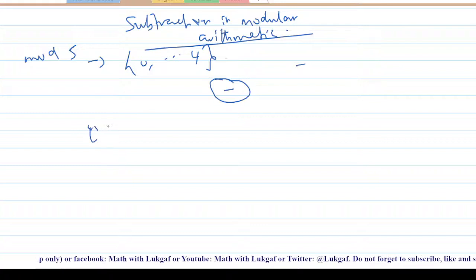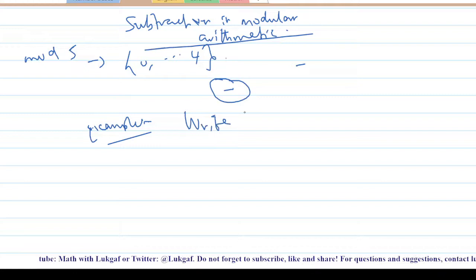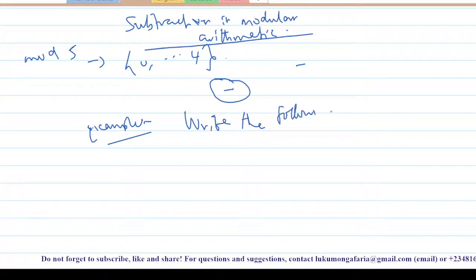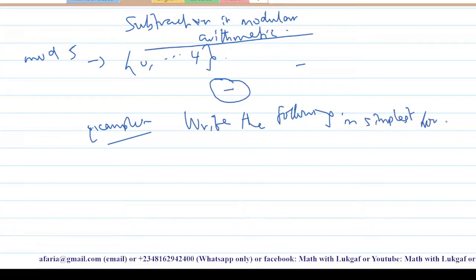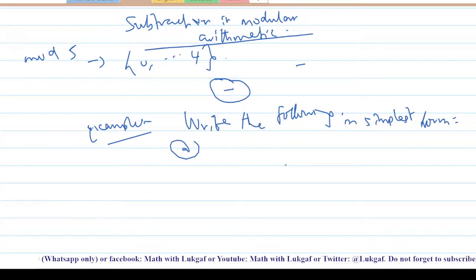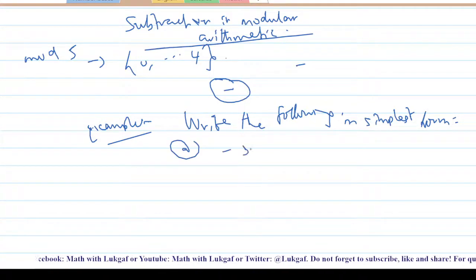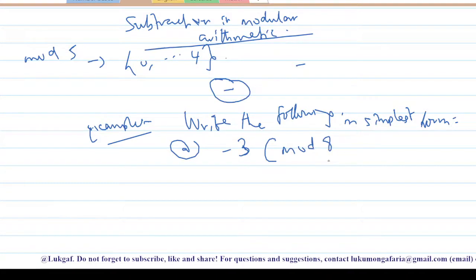For example, write the following in simplest form. Number 1, I have minus 3 mod 8.